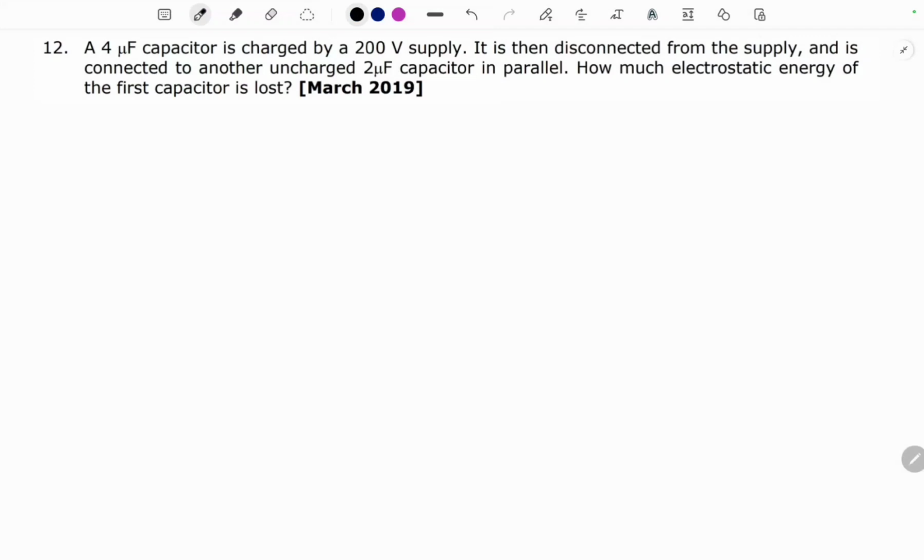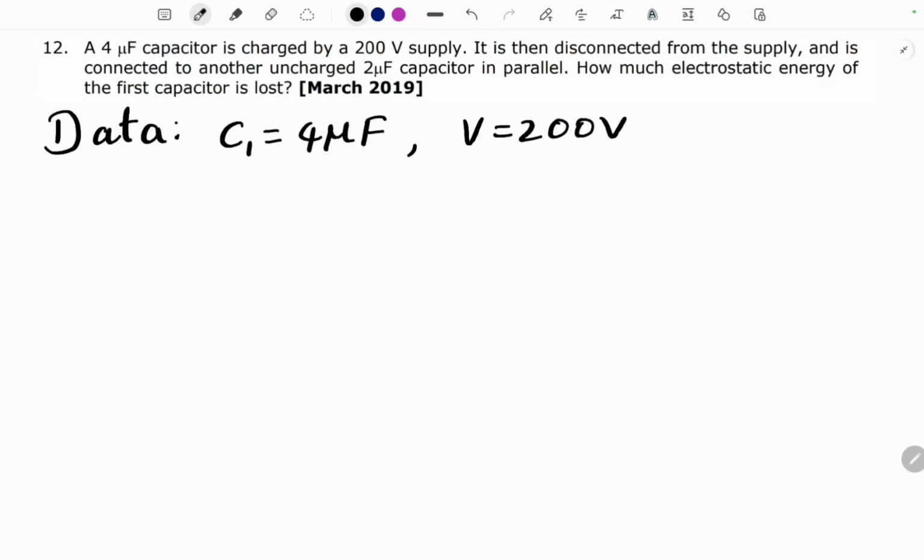Dear students, let me write the data. So here C1 is 4 microfarad and it is connected to a power supply of 200 volt. Because of that it will get some energy, and then it is connected to another capacitor C2 of capacitance 2 microfarad.